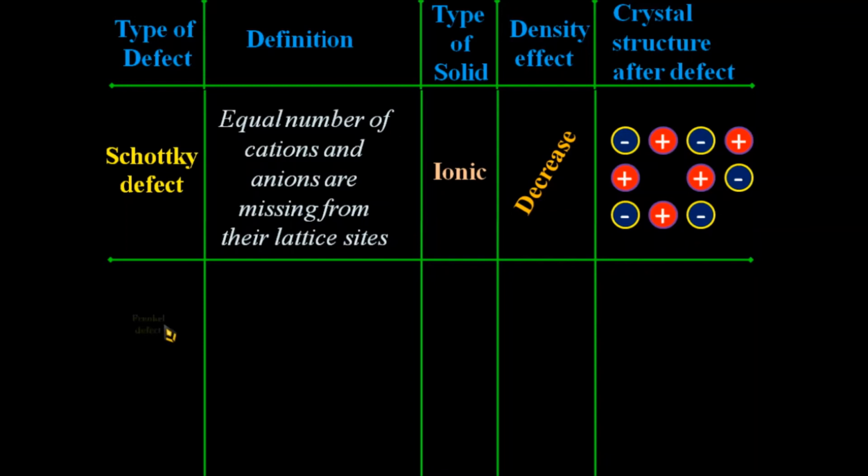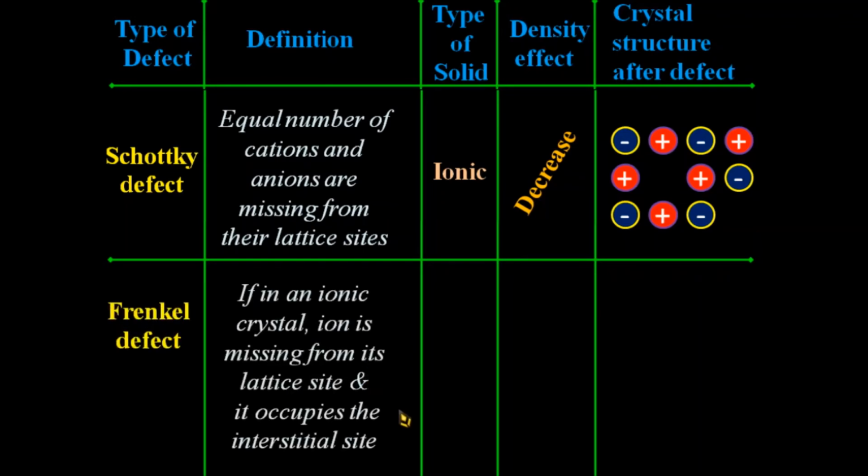Then the fourth one is the Frenkel defect. Definition: if in an ionic crystal an ion is missing from its lattice site and it occupies the interstitial site, then it is called Frenkel defect. It also occurs in ionic solids, but the density remains the same because particles leave their lattice site but occupy the interstitial site.